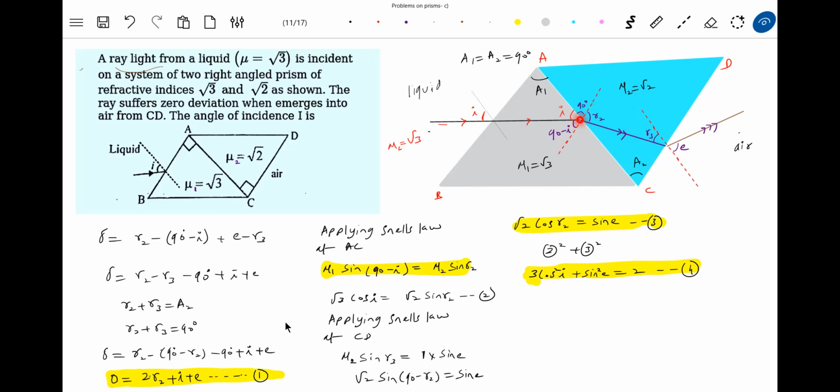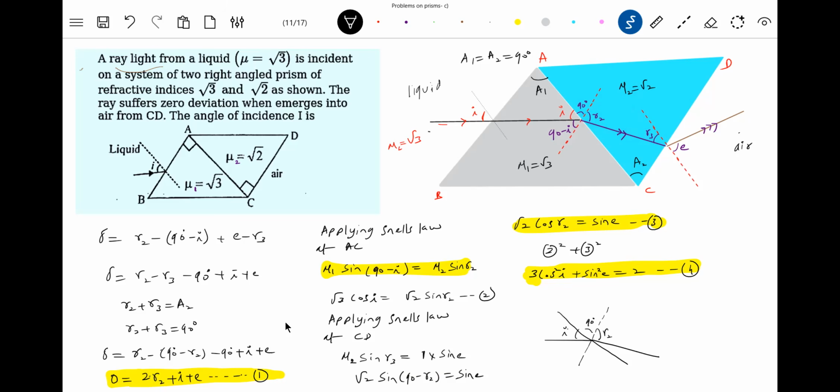If you draw a line, this one. So let me show it. This is 90 degrees.